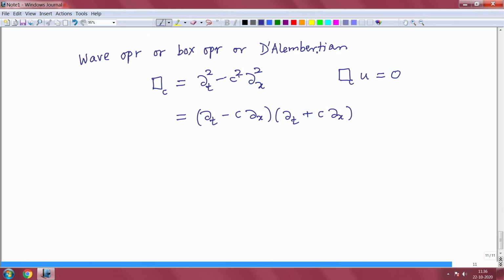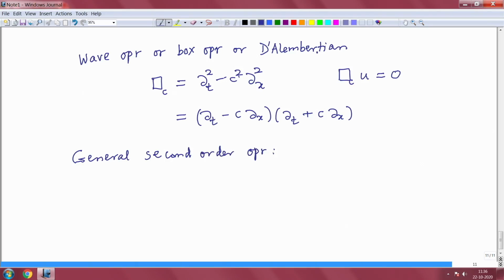So this suggests us to consider a general second order operator with linear factors.